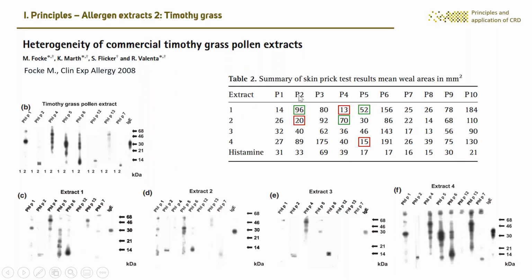If you look, for example, at patient number 2, he has the strongest reaction with extract number 1 and an almost 5-fold weaker reaction with extract number 2. By contrast, in patient number 4, the picture is just the opposite. He has strongest reaction with number 2 and weakest reaction with number 1. And patient number 5, the pattern is again different. He has strongest reaction with number 1 and weakest with number 4.